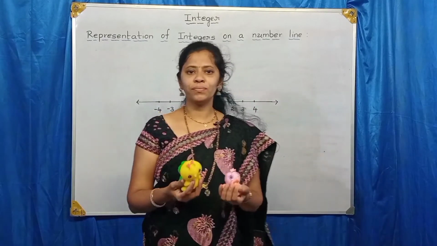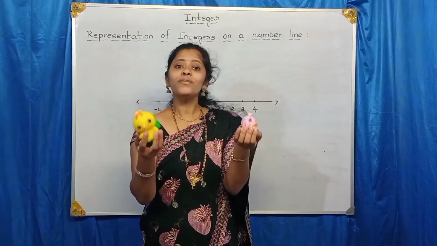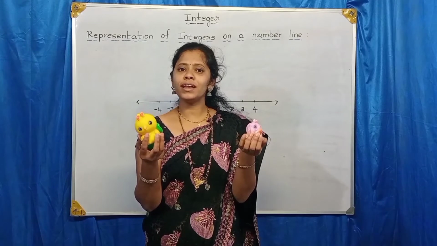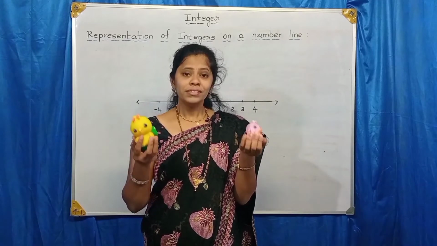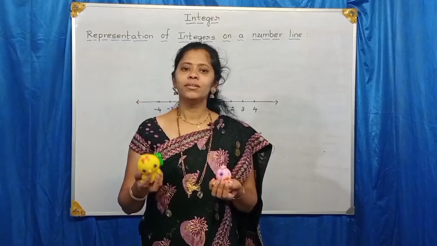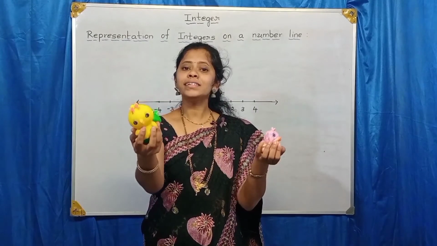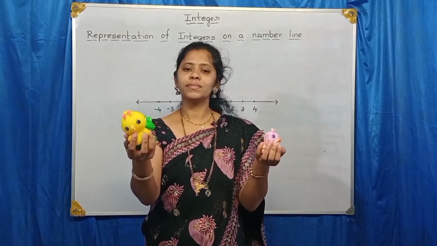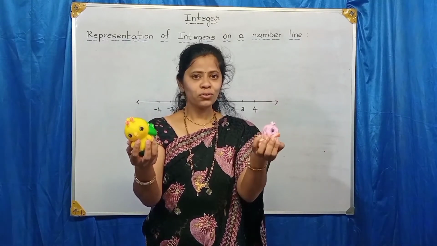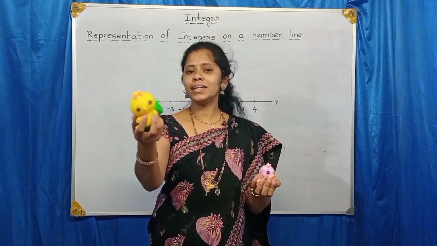Now I will ask you to select any one of my hands. Which one are you going to select? I know, definitely you are going to select the right hand, right? Because on the right side I have 2 dolls. But on the left side I have only 1 doll. So you are going to select the right hand.